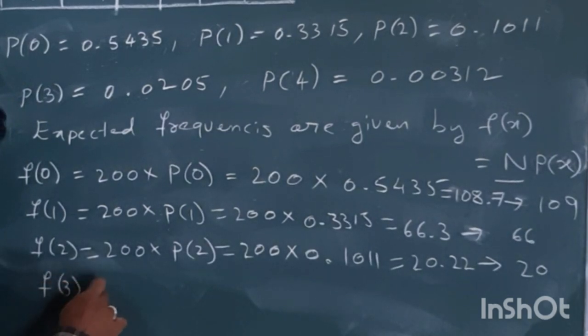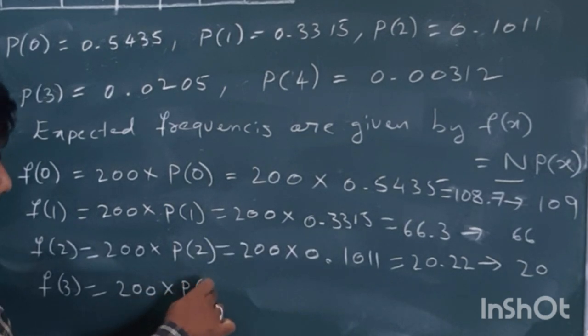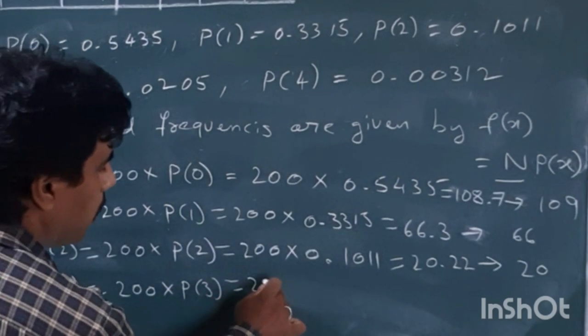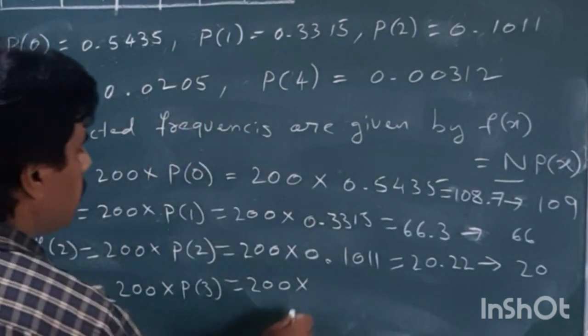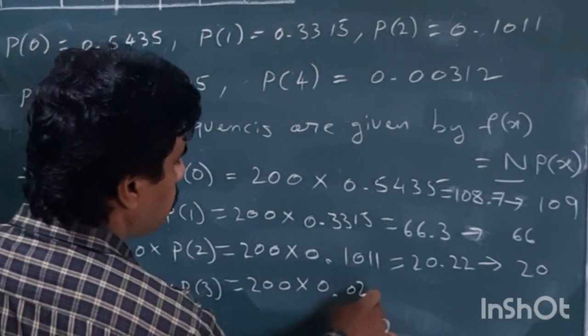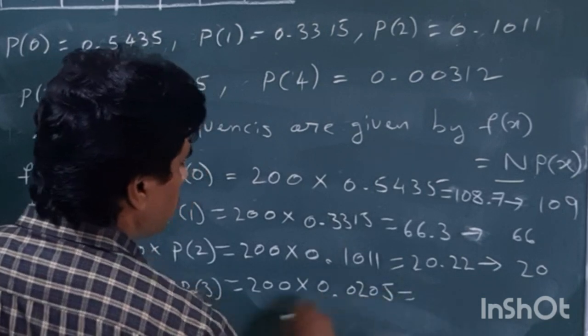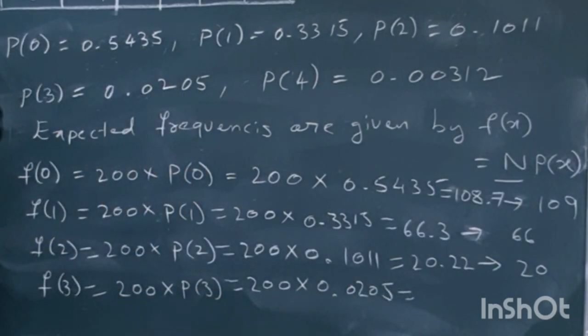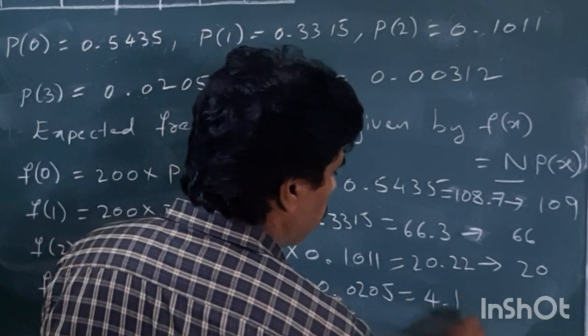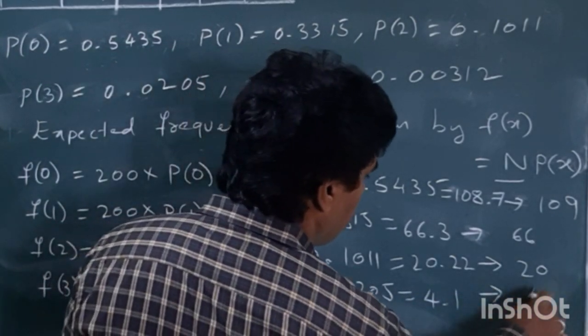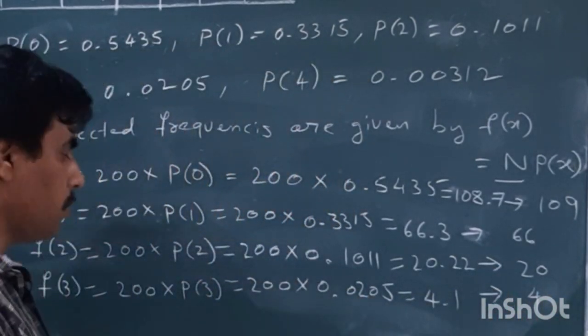Similarly, f of 3, that is 200 into p of 3, that is 200 into probability for getting 3 successes, which is 0.0205. Multiply these two numbers, we will get 4.1. After round off this number, we will get 4.